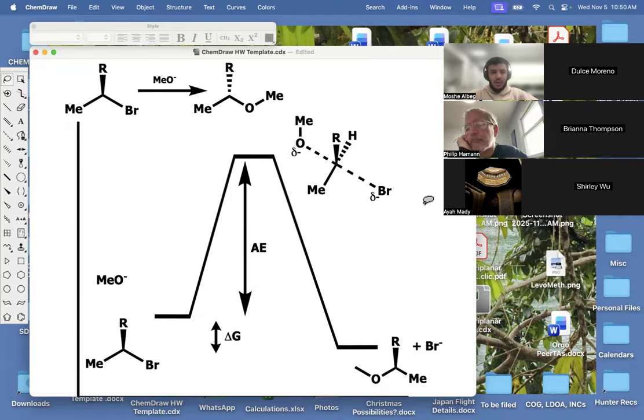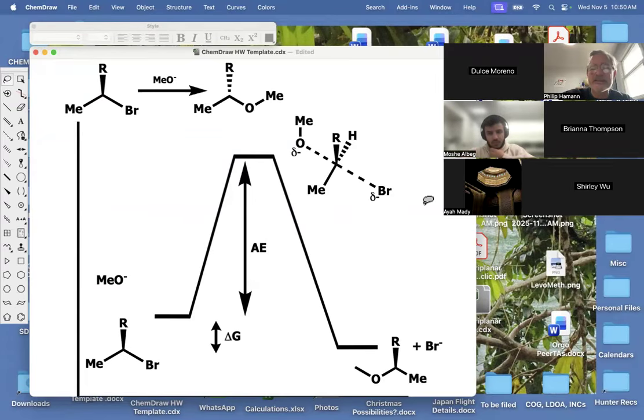Would we need to show that on the energy diagram if you were to ask that? You don't have to go out of your way to show it in any great way. It's going to be implied by what you draw. Okay. So if I want to know if you actually understand that, it would be an easy separate question. You'd simply show the planar carbocation intermediate and attack from either side. It's an easy question.